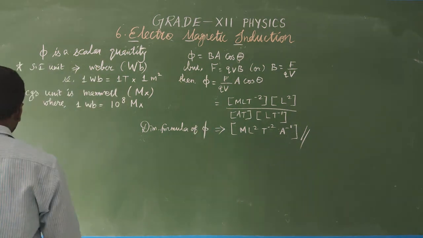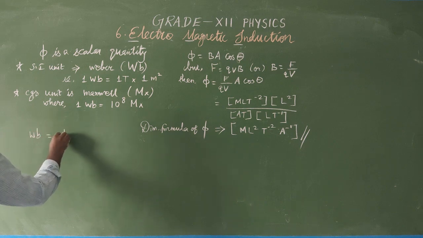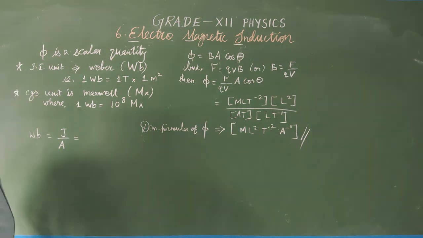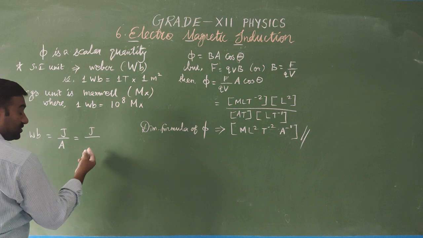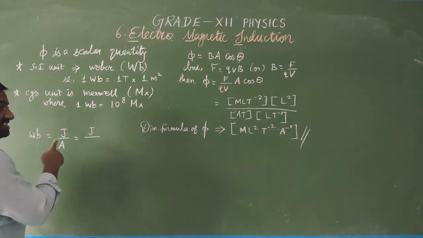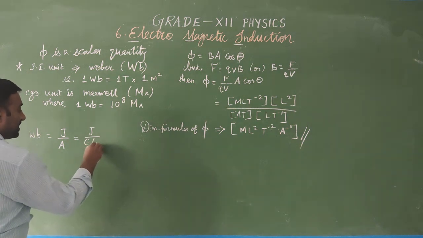We have one more relation for the Weber. Weber is equal to joule per ampere, energy by current. Joule has no change, but for ampere, current I is equal to Q by T, charge by second.